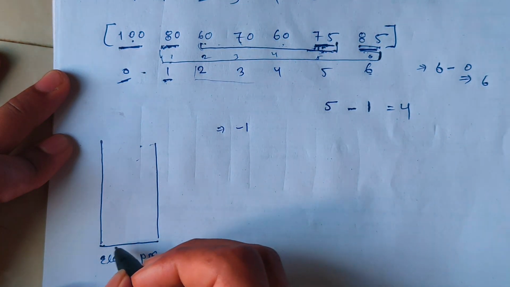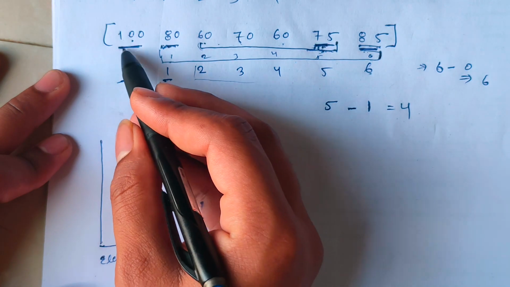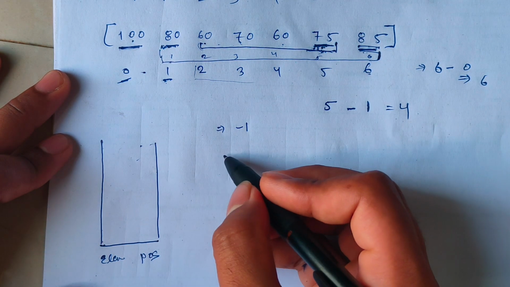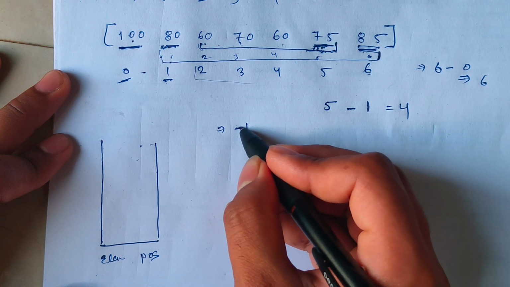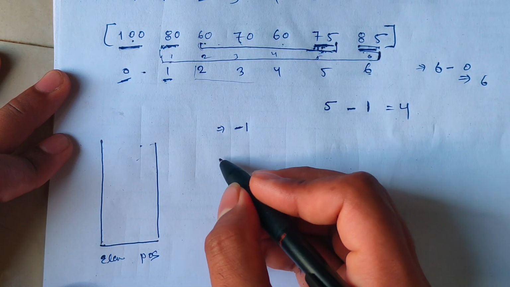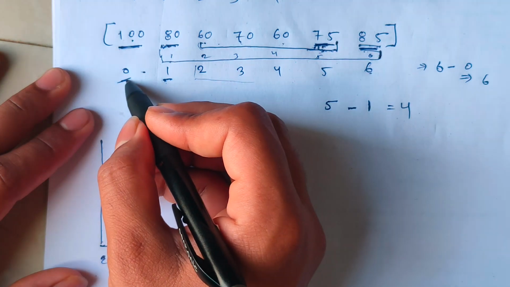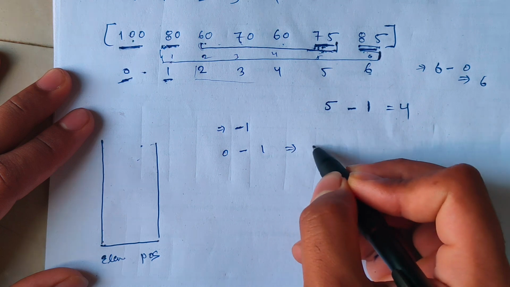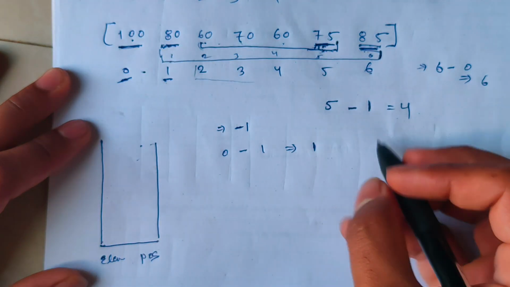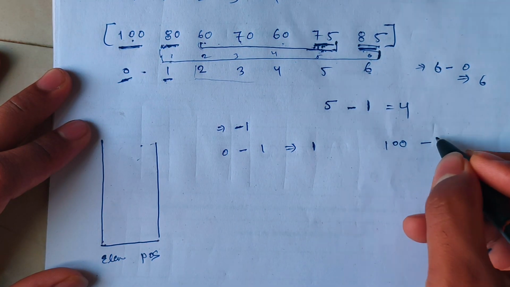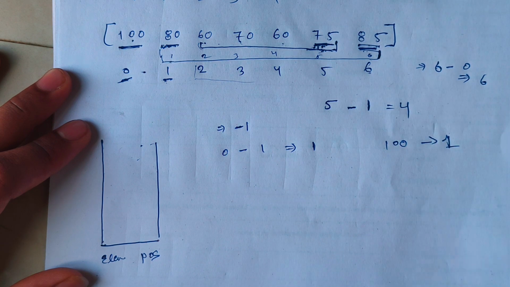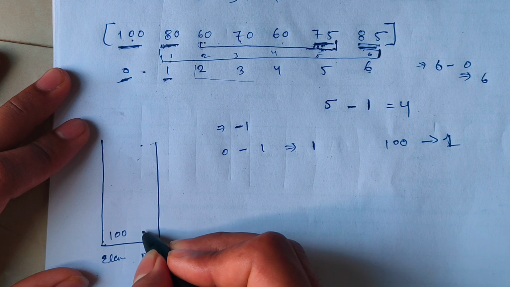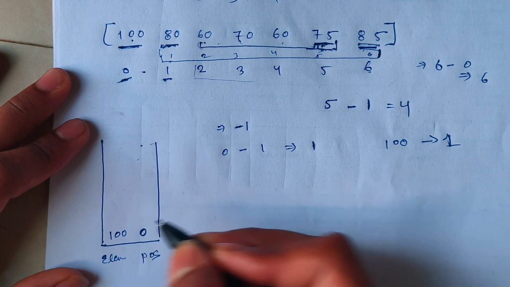So for 100, the stack is empty, so the previous position would be -1. If we calculate the total number of elements, 0 minus -1, that is 1. So for 100 it would be 1. Okay, so we push 100 and its position 0 into the stack.